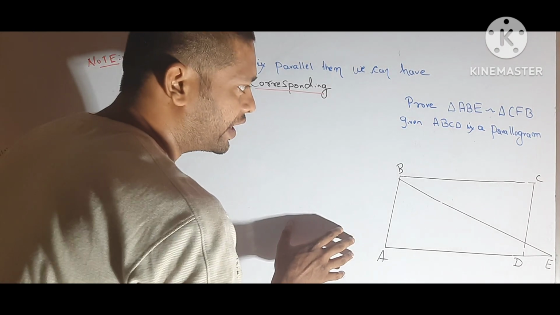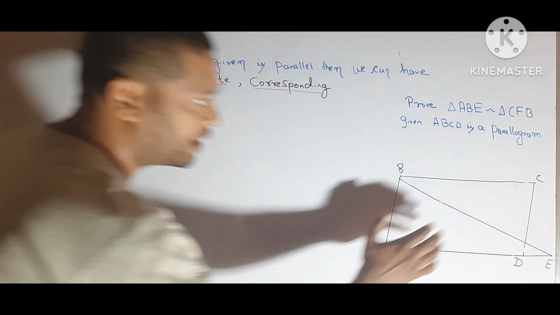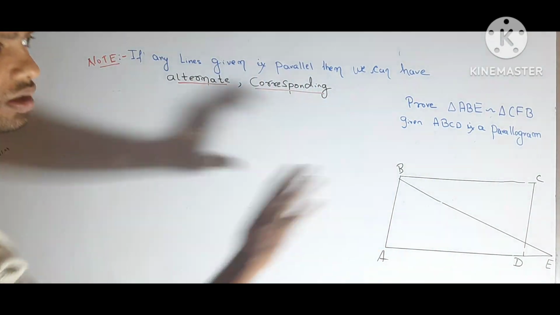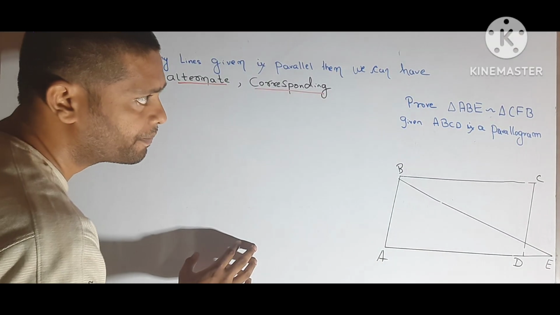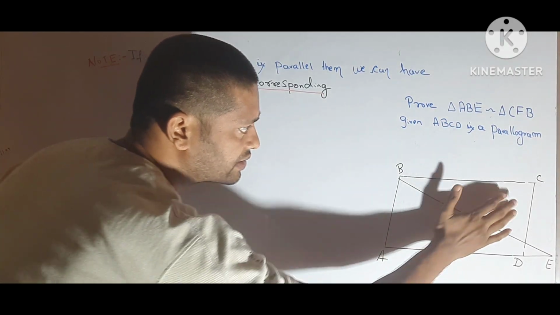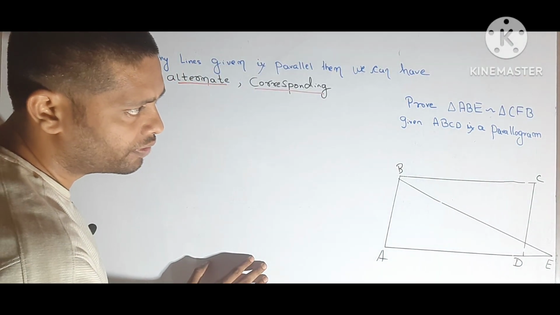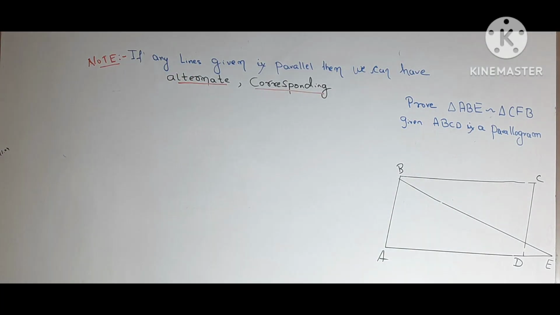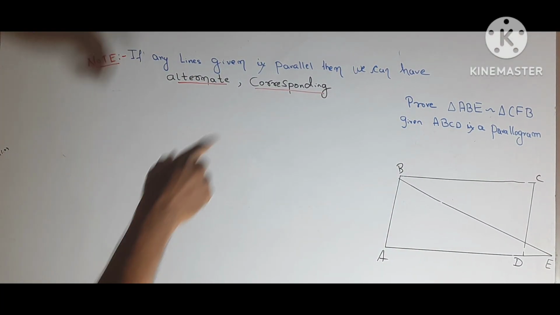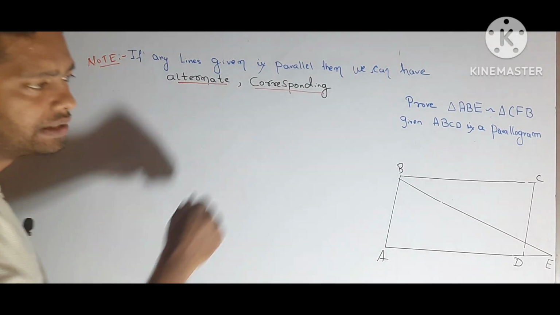First you have to say which two triangles you have to consider. The triangle is this one and this one. If you see A, B, E, this is the first triangle, and this is the second triangle. One property of a parallelogram: opposite angles are equal.